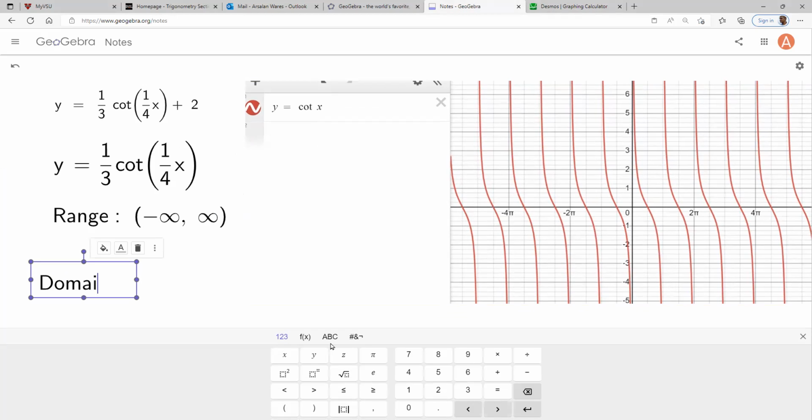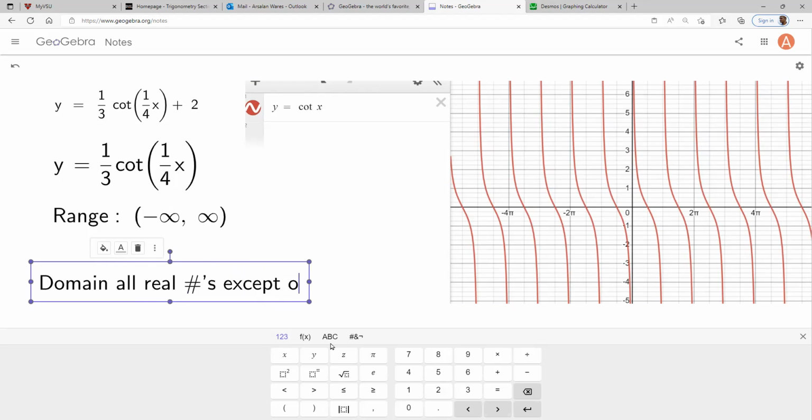Okay. Domain. All real numbers except 0, plus minus pi, plus minus 2 pi, plus minus 3 pi, comma, dot, dot, dot.